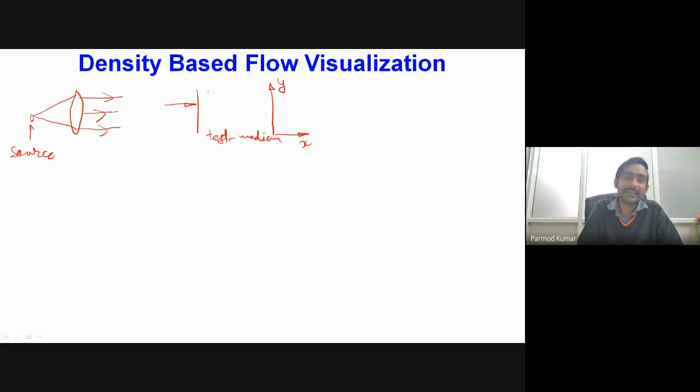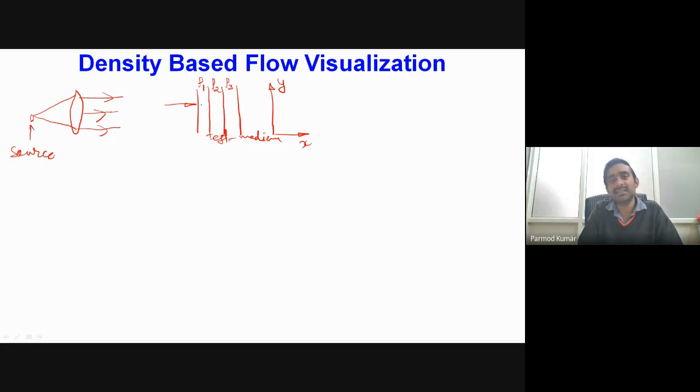So if I say that along the direction of y we are having constant density, it means I have a patch over here which is having constant density rho1. Then if I consider another patch which is having constant density rho2, then another third patch which is having constant density rho3.